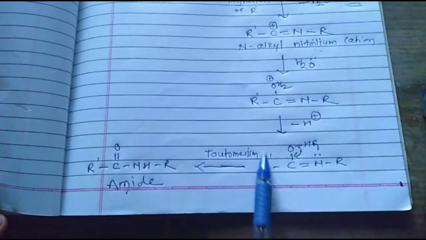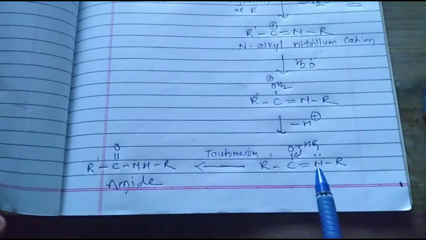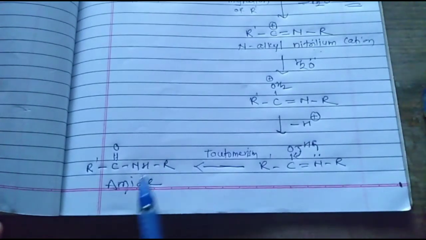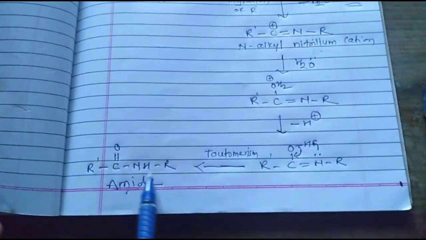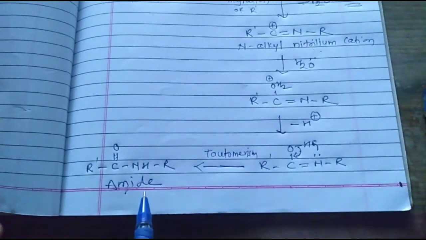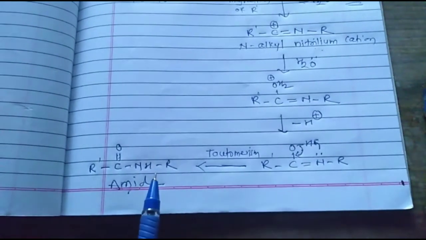Then on the tautomerism reaction, this bond is shifted to this carbon-oxygen bond, and this nitrogen which has a lone pair attracts this hydrogen, and there is a formation of RCONHR. Okay, this is called an amide. This is the mechanism of the conversion of ketoxime to the amide compound.